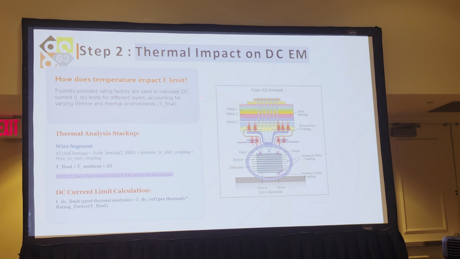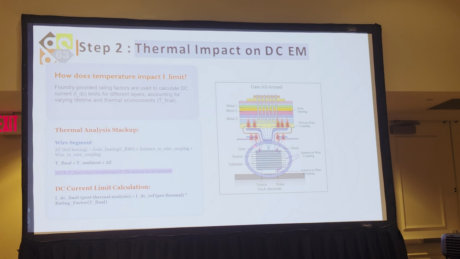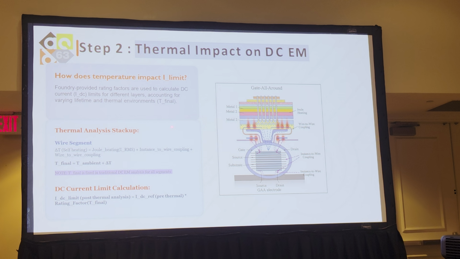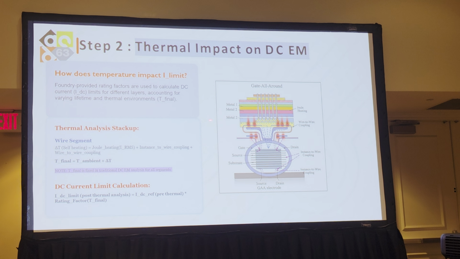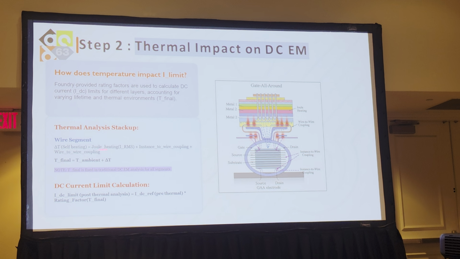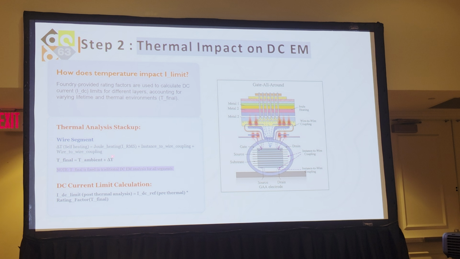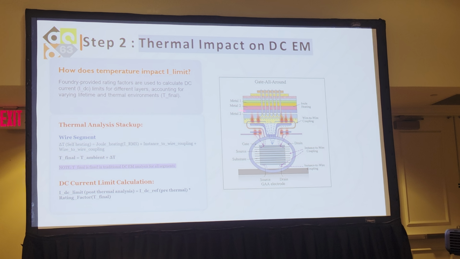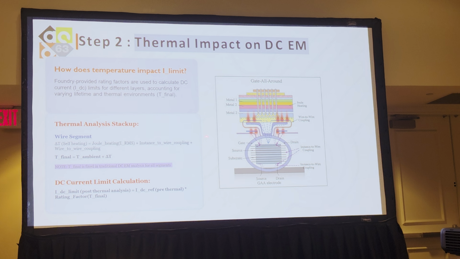And coming to the second stage, which is thermal impact. So earlier I mentioned that we are assuming some constant temperature for all the segments, suppose say 10C or 20C. So in this thermal analysis, the tool calculates the cell heat, which consists of three different components. So Joule heating is nothing but the heating caused by the wire because of the current flowing within the wire.